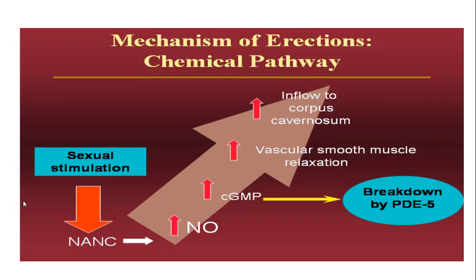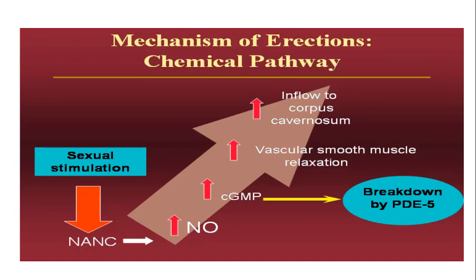The principal mechanism of action of these drugs depends on the presence of sexual stimulation and the presence of the nitrergic nerves, or non-adrenergic, non-cholinergic nerves, releasing nitric oxide, which is the most important neurotransmitter of erection.